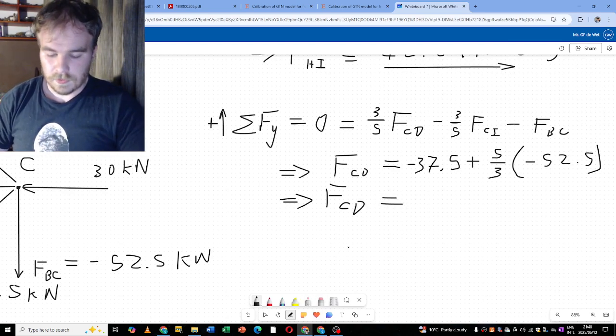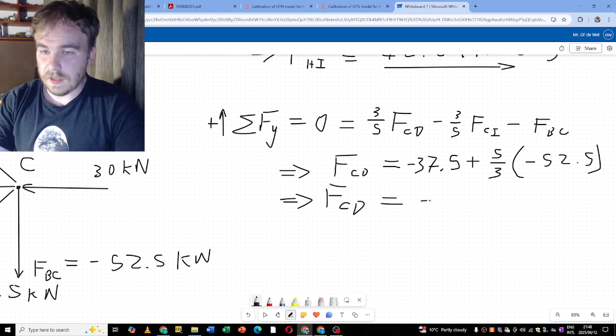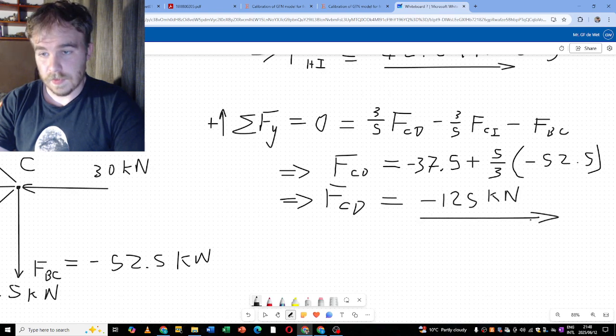FCD is then equal to minus 37.5 minus 5 over 3 times 52.5. So I'm getting minus 125 kilonewtons. And that means it's in compression.